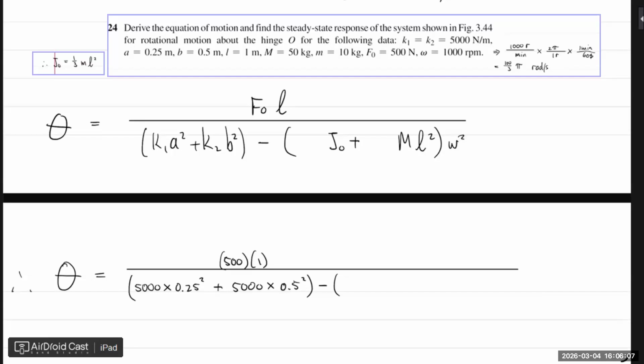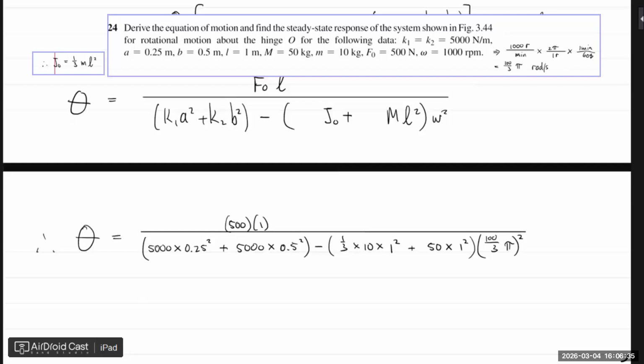So that JO was a third multiplied with the mass, which was 10, multiplied with the length squared, which is 1 squared, plus the other greater mass is 50, multiplied with L squared, which is also 1 squared, and all of that multiplied with the forced frequency, which is 100 over 3 pi, and all of that squared. So you just plug everything in, and then you'll get a value. Very small value, but there we have it.